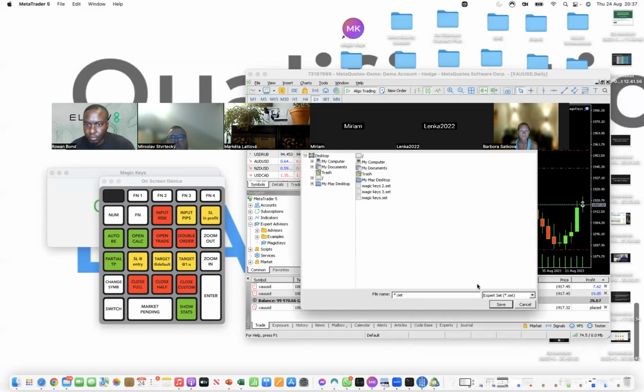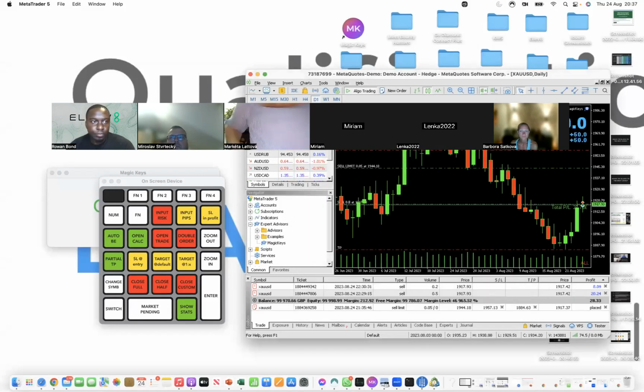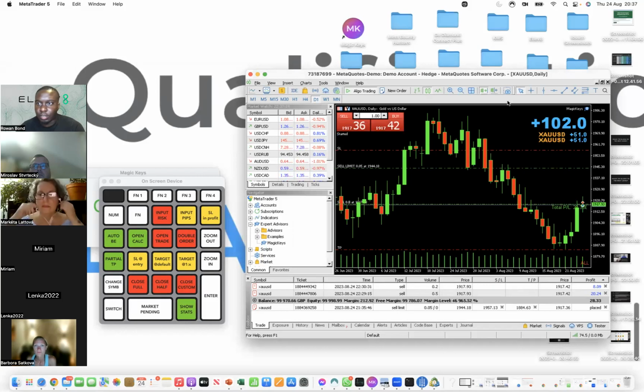Okay, save. Now, can you see it shows you how many pips you're in profit here? Tady vám to ukazuje, kolik pipů jste v profitu.